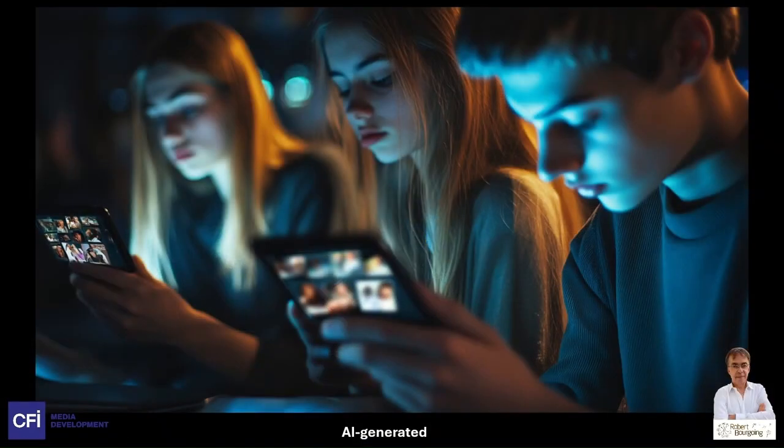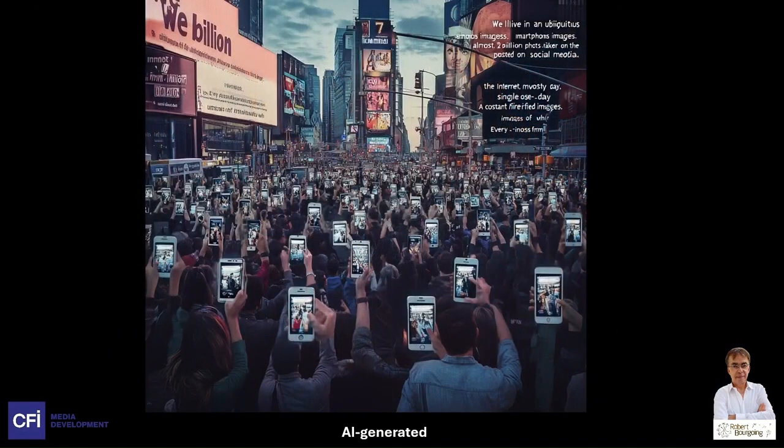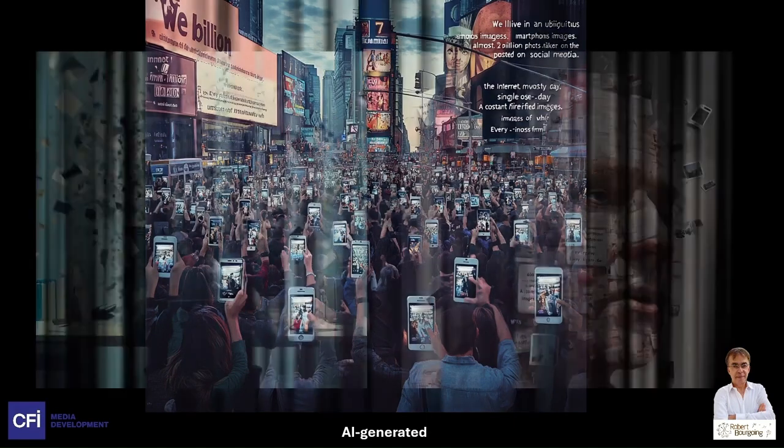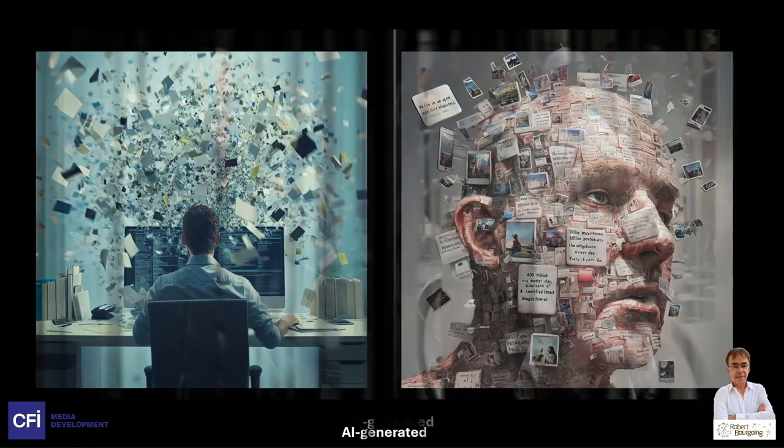We live in an age of ubiquitous images. Think of it. Almost 7 billion smartphones, 2 billion photos taken every day, and hundreds of millions posted on the internet, mostly on social media, every single day. A constant fire hose of unverified images from which most people with reading habits in constant decline build their understanding of the world and shape their opinions.